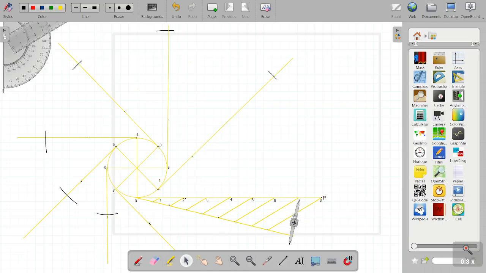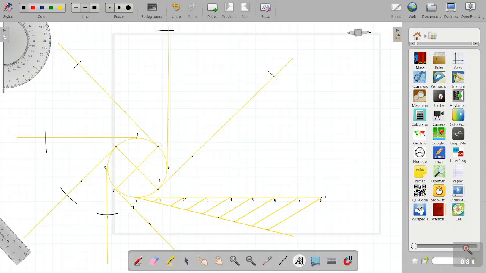Then finally, measuring the distance from point 7 to point 8, and then keeping it on 7 and cutting the arc on the tangent from point 7. Then we will give names to all these points we found out.